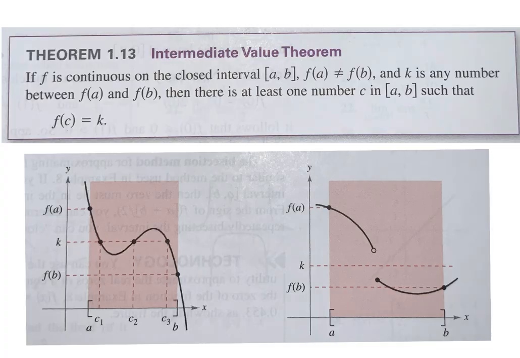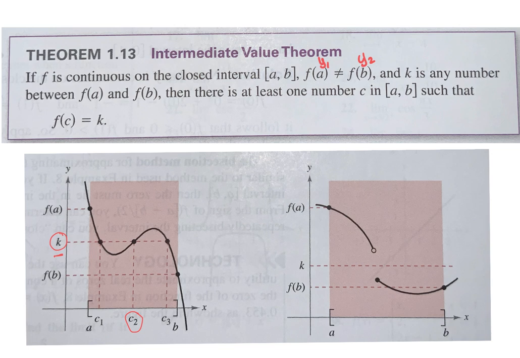The intermediate value theorem states that if f is continuous on a closed interval, and that when you plug in the beginning number, it does not equal the ending number when you plug it in. So remember, these are your y values at a and b, and k is a number that falls in between those y values. Then there has to be a number that falls in between your x values.